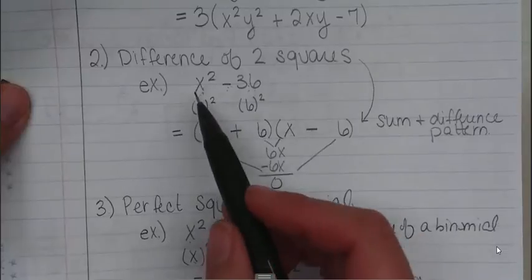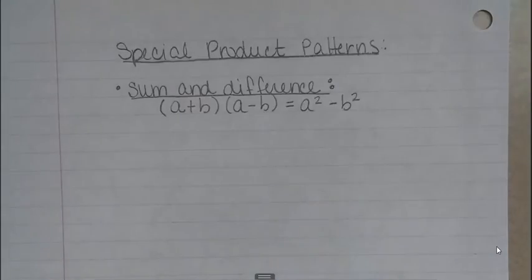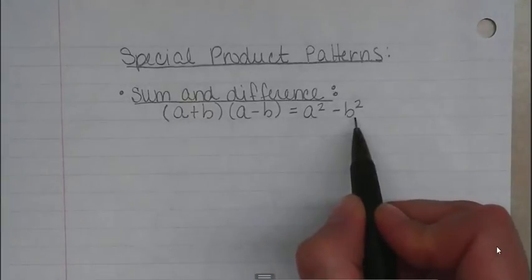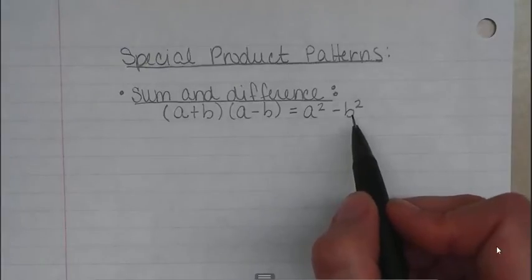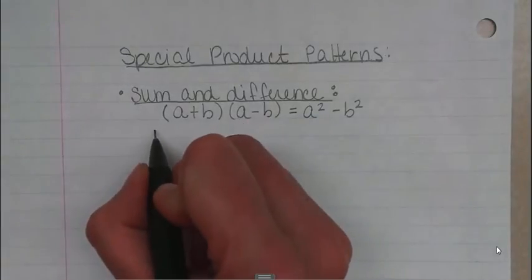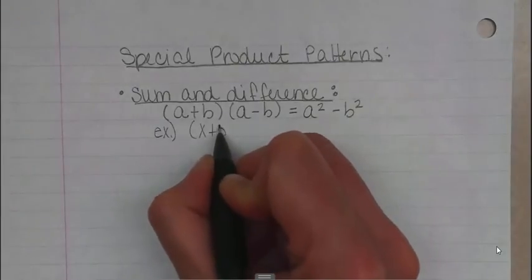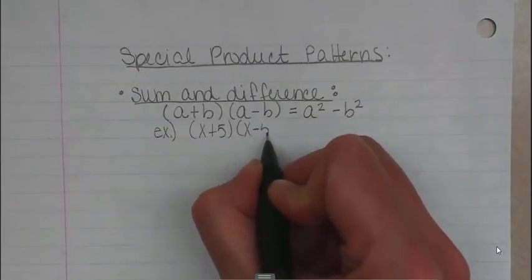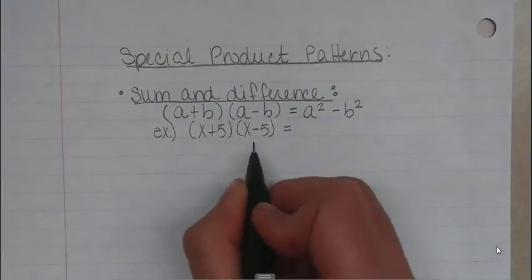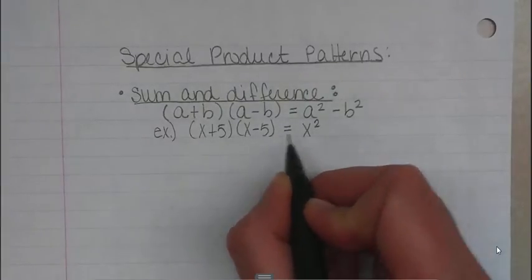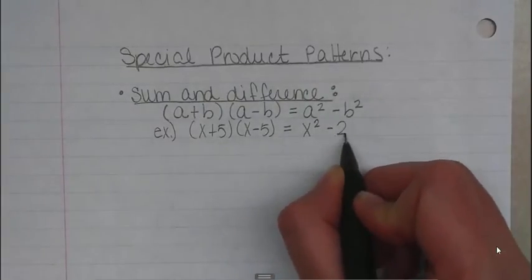So really you're left with a difference of 2 squares, which is exactly what I'm left with here. Okay, so if you want an example of that, I guess we could do, how about x plus 5, x minus 5. I'm going to end up with x squared minus 25.